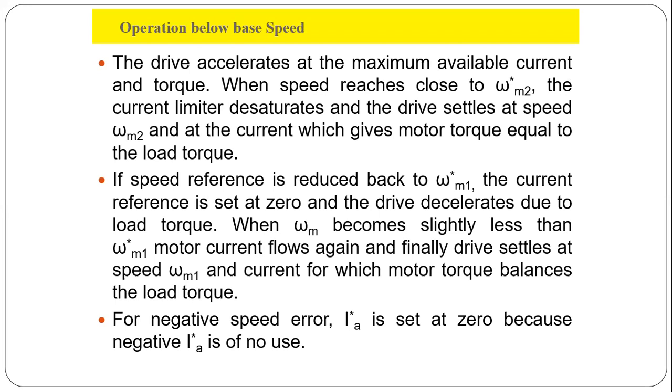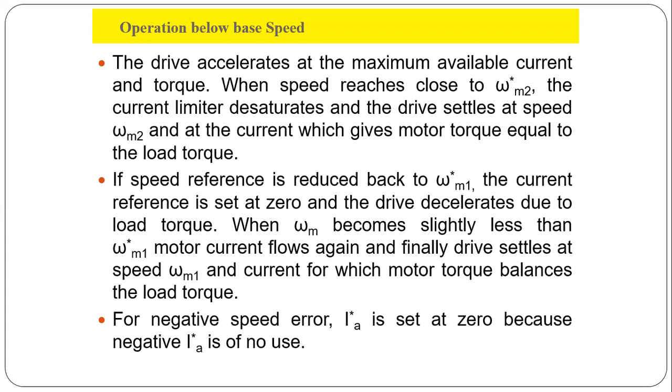If the speed reference is reduced back to omega star m1, the current reference is set at 0 and the drive decelerates due to the load torque. When omega m becomes slightly less than omega star m1, the motor current flows again and finally the drive settles at the speed omega m1 and the current for which motor torque balances the load torque.